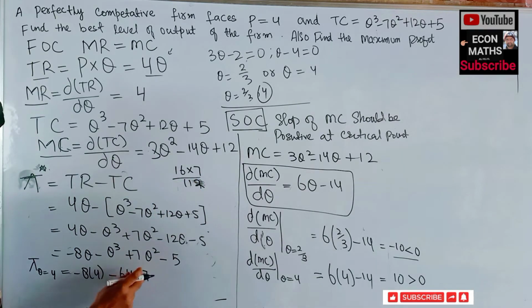So I will write it here 112 minus 5. Now solving further, this is minus 32 minus 64 plus 112 minus 5.